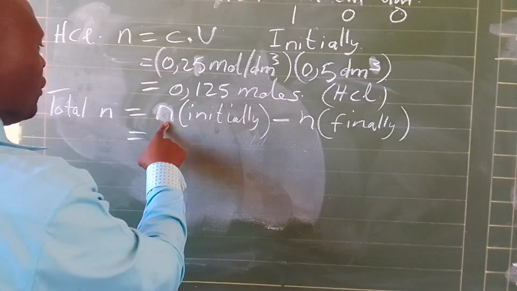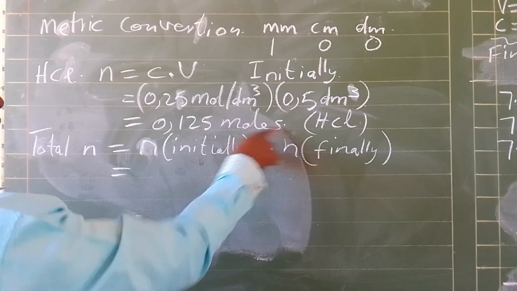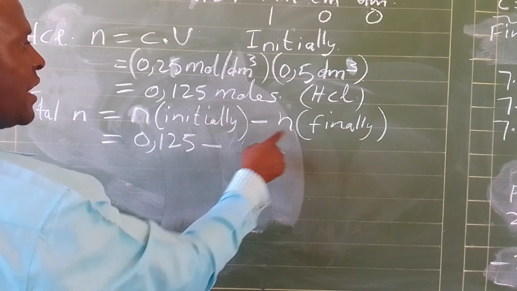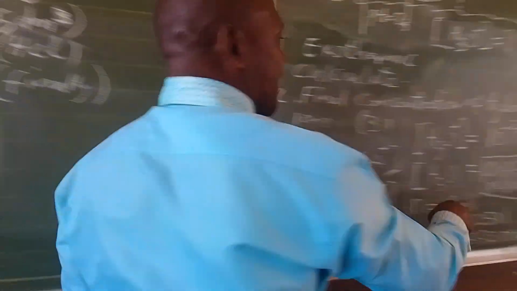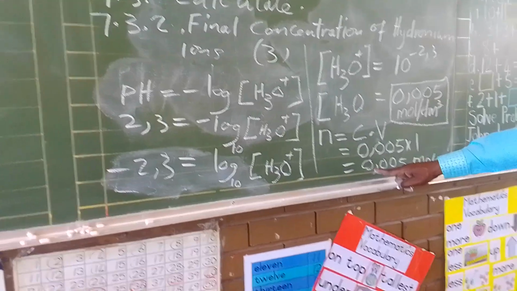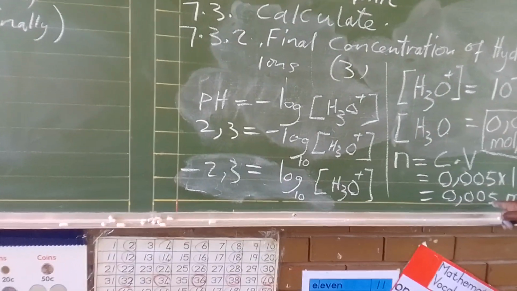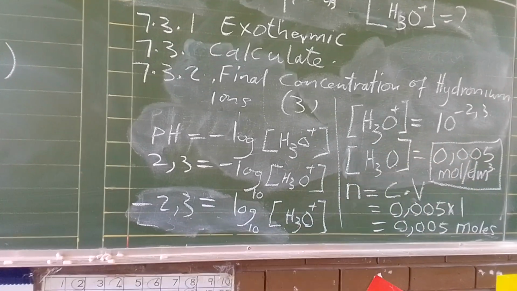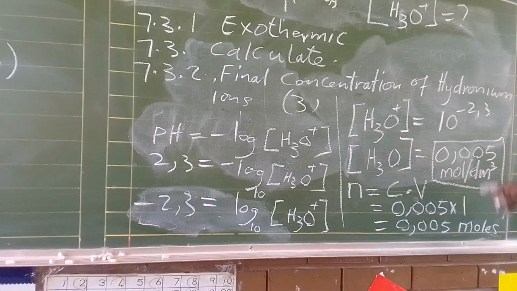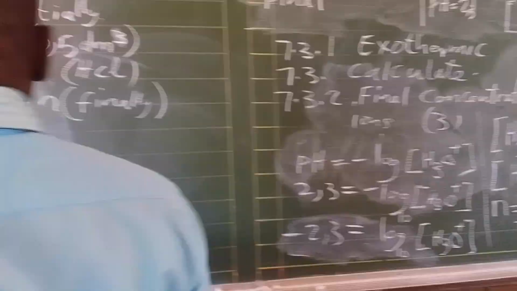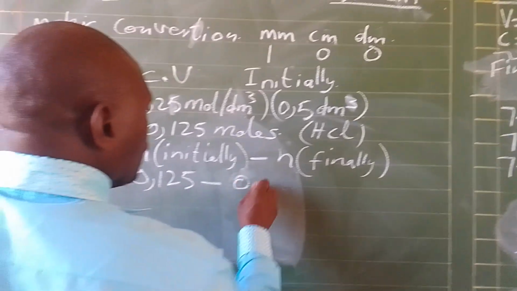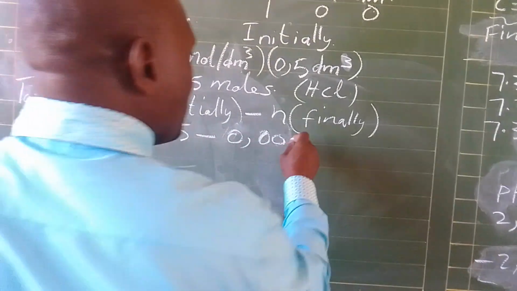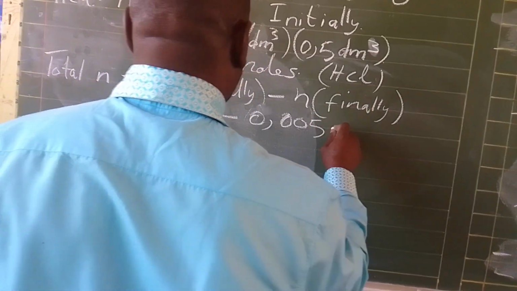We know that the number of moles initially is 0,125 minus the number of moles finally, which is going to be 0,005. We have calculated it after we calculated the concentration of the hydronium ion. Now we're coming to take this, 0,005 moles.